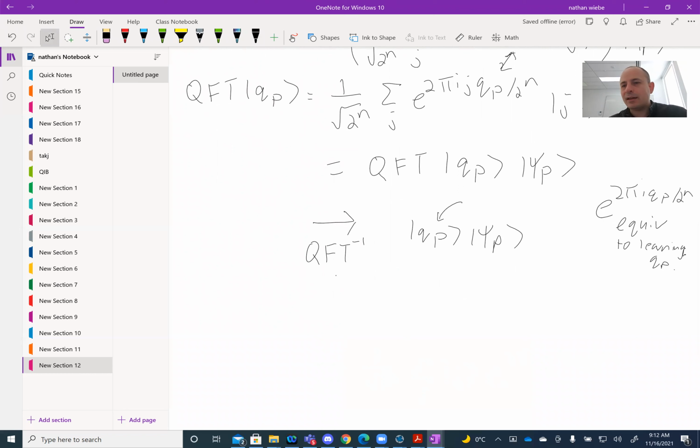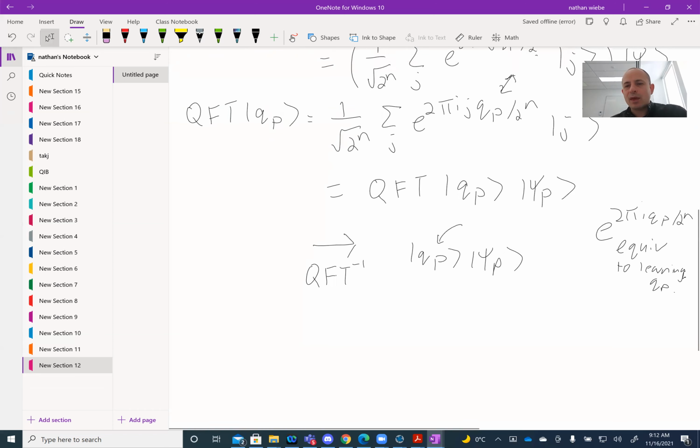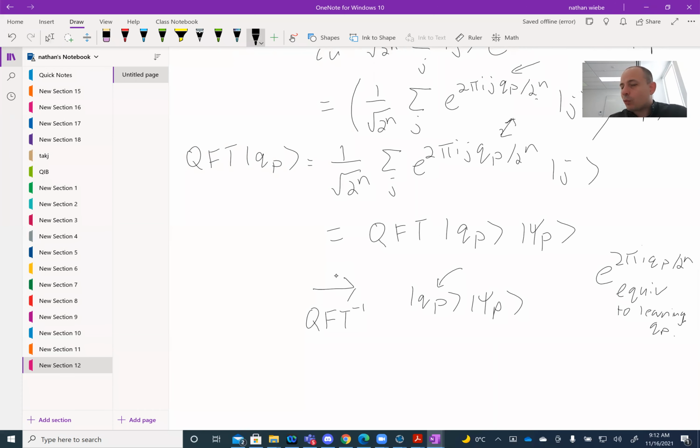Let's take a look at a more complicated example, where we're still making the assumption that q sub p is an integer for simplicity. If q sub p is not an integer, then the state that we'll get over here will not be precisely the quantum Fourier transform of one of these values. It'll be approximately the quantum Fourier transform.